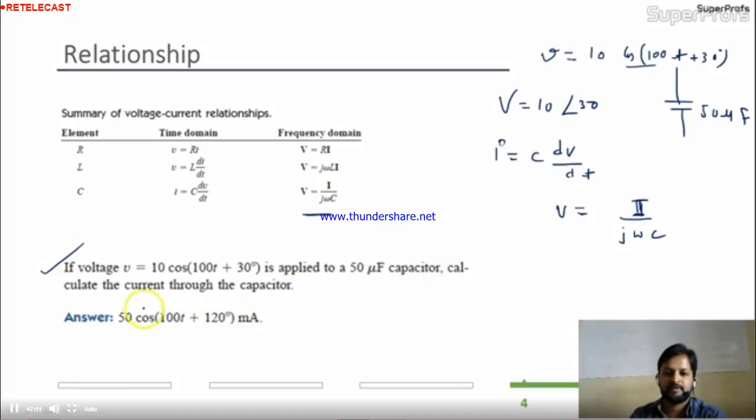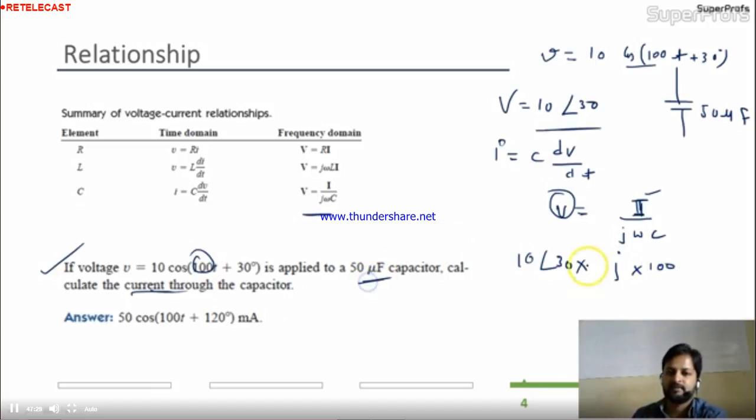He is asking for the current. Voltage is given over here as 10 at an angle 30, into j omega. What is the omega? Here omega is 100. What is C? 50 micro. Anything else? No. This is nothing but the current. Everything comes to this side: 10 and 100.